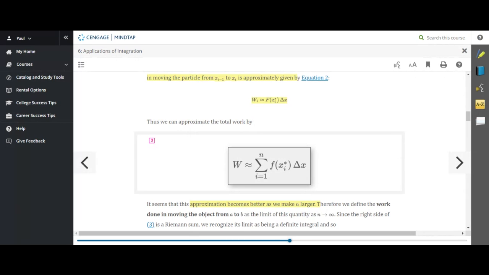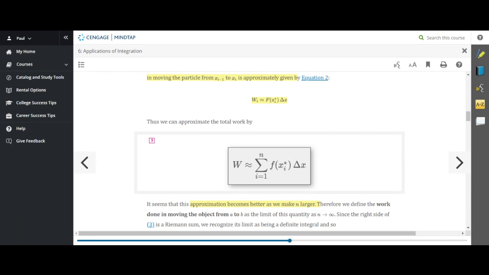See, we need calculus to be able to handle the situation when the force varies with x. If the force is constant, it's no problem. But when the force is a function of x, which is more realistic, you need calculus to analyze it.